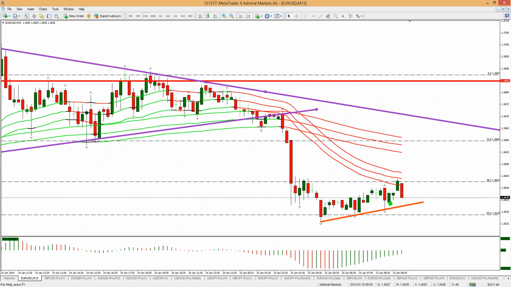But it does have the potential to use these initial higher highs and higher lows on the 15 to bounce again. The stop loss could be quite tight indeed. 10 pips could be enough, I guess. So that's an interesting idea.